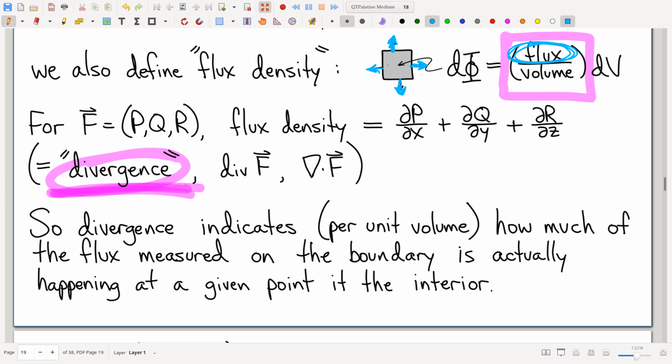So this means how much, in the net, the fluid is flowing outward per unit volume.